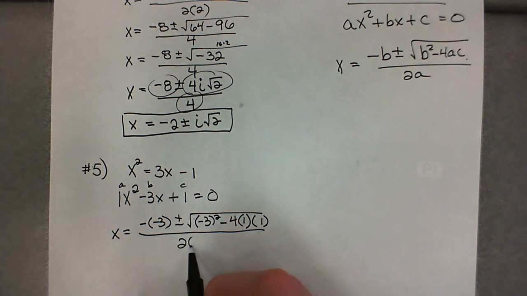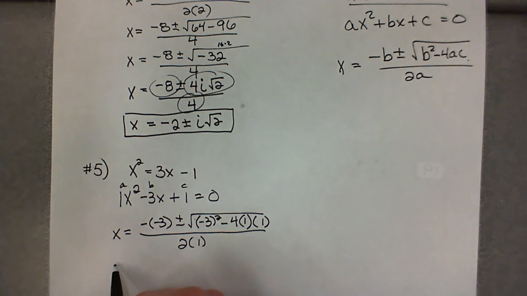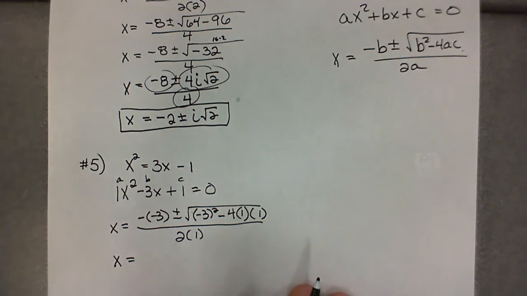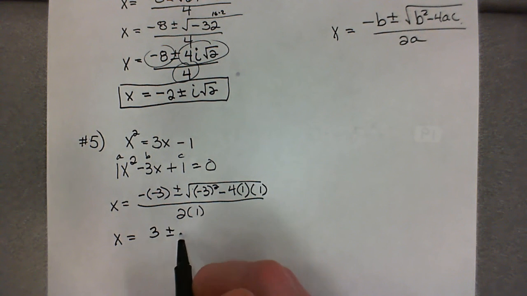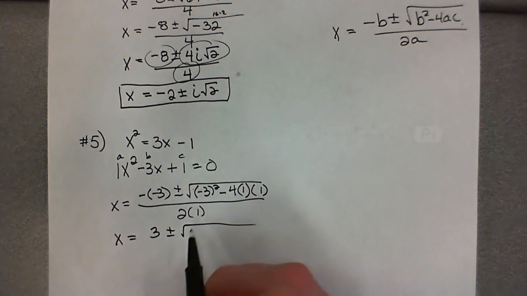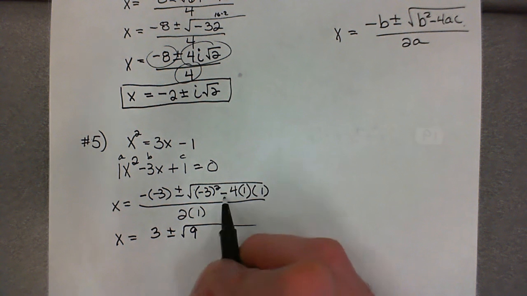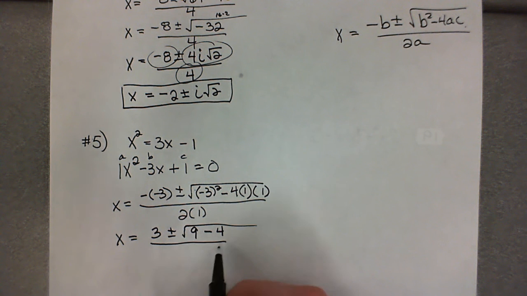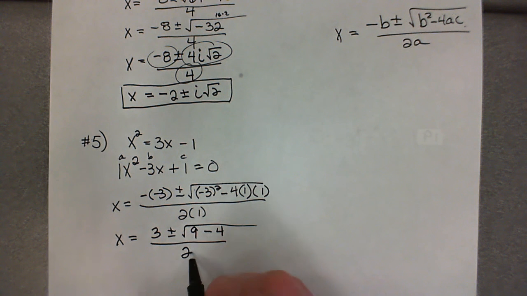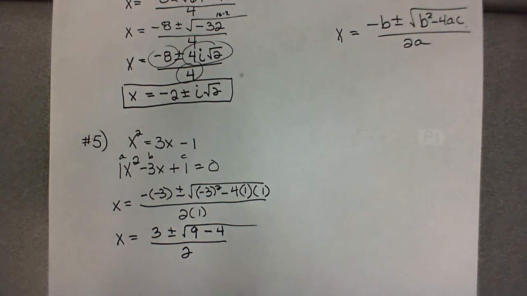All over 2 times a is 1. So then x equals, this is going to be positive 3 plus or minus the square root. Negative 3 squared is 9. Minus 4 times 1 is just 4, and then this is all over 2 times 1, which is 2.